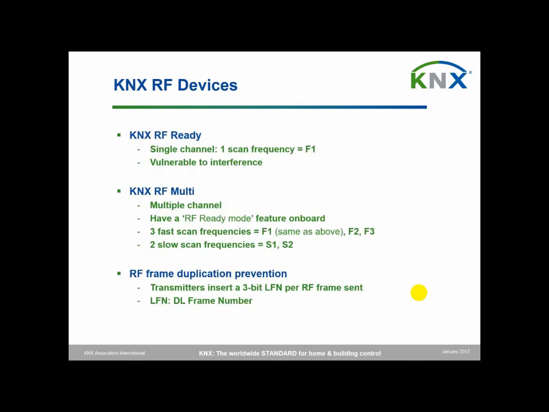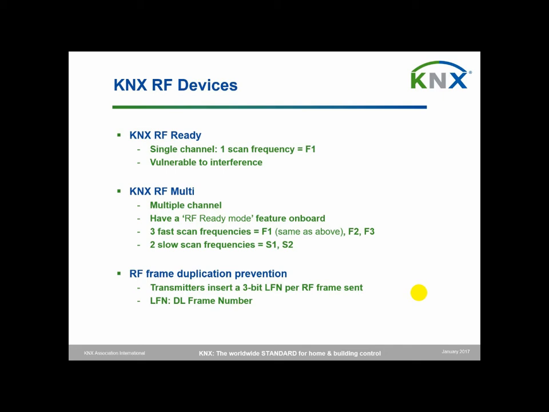Next, RF devices. There are 2 types actually. KNX RF ready devices, which have a single channel. That means there's one scan frequency. What this means, of course, is that these devices are vulnerable to interference. If exactly on the scan frequency there's some interference, then no communication is possible at that moment.